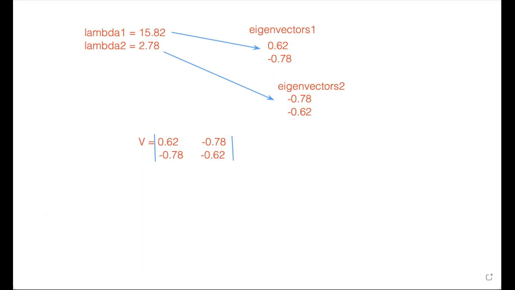For the eigenvalues, we put them into the L variable, and for the eigenvectors, we put them into the V variable. Then if we print the eigenvectors, this is the eigenvectors that correspond to these eigenvalues. Minus 0.78 and minus 0.62 is the eigenvector that corresponds to the 2.73 eigenvalue, and so on.